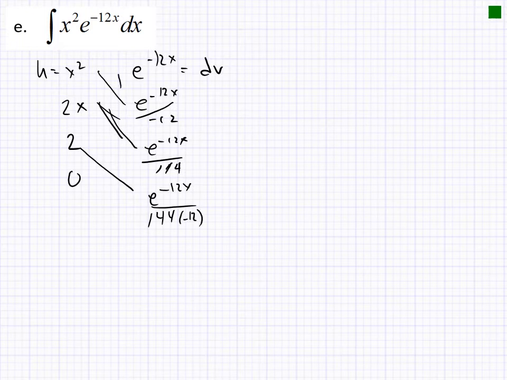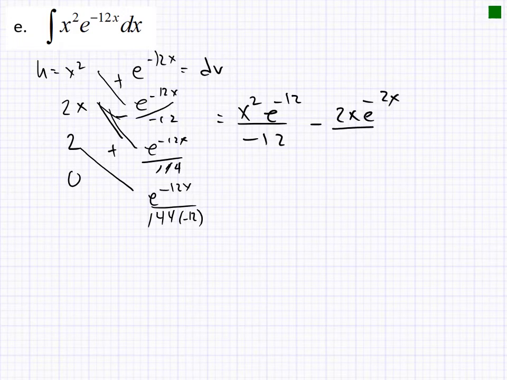So match these up. I got plus, minus, plus. So I end up with x squared e to the negative 12x over negative 12 minus 2x e to the negative 12x over 144 minus 2 e to the negative 12x over 144 times negative 12 plus c.